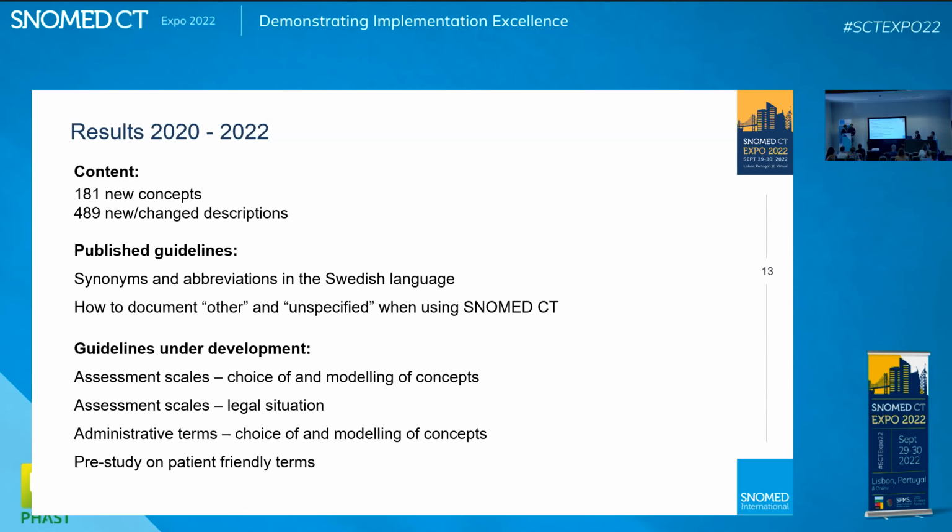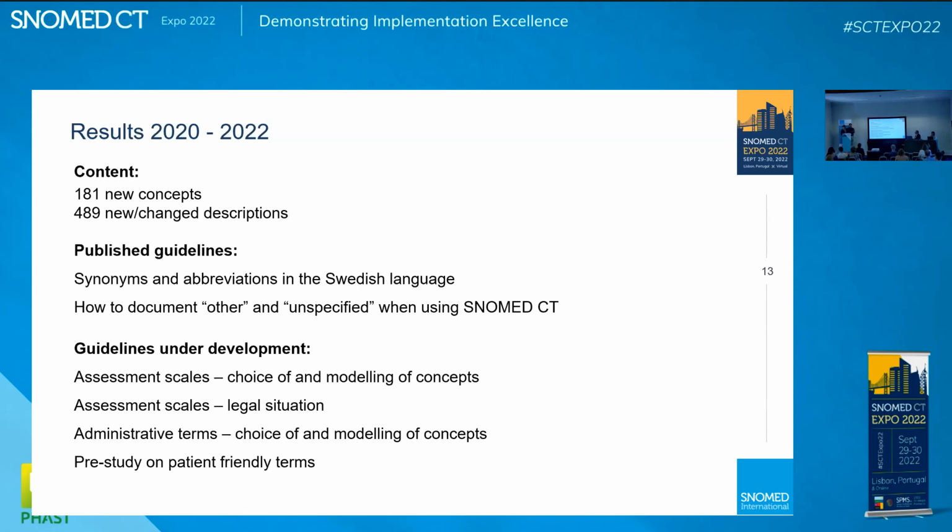It's quite a lot. We've also published some guidelines, and since we made the slide, the published ones are still published, of course, about the synonyms and abbreviations. And there's one on how to use SNOMED CT when you start with something that includes other and unspecified. This is a favorite area of confusion. But then the one that's under development, actually published as of yesterday I think, is assessment scales: what concepts to choose and how to model new concepts for assessment scales.